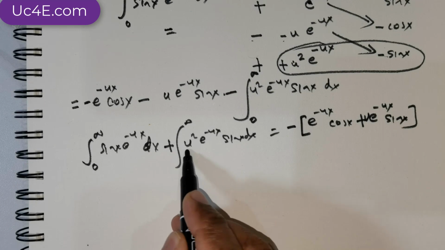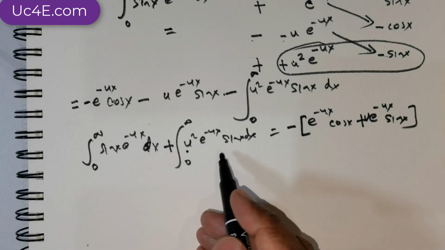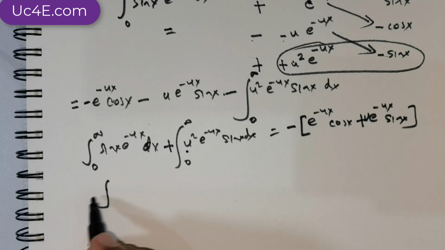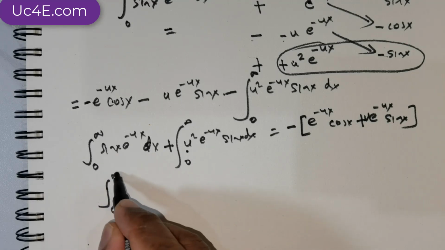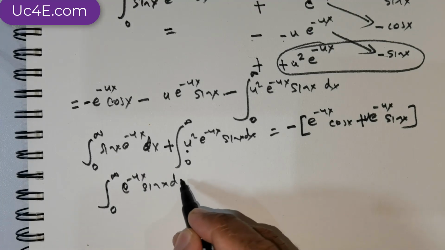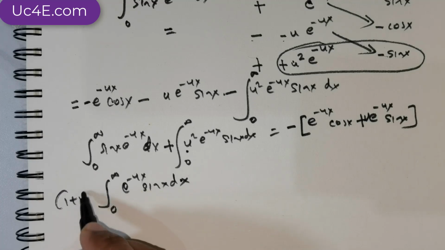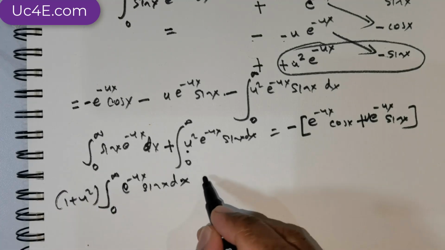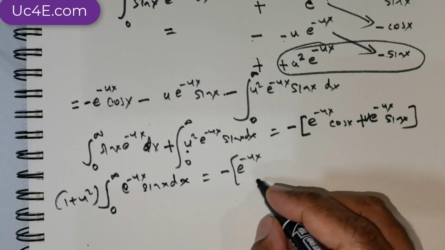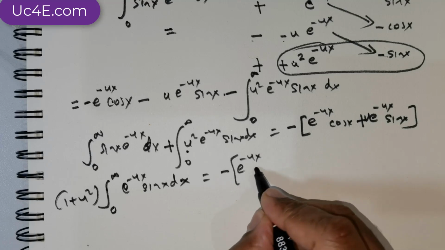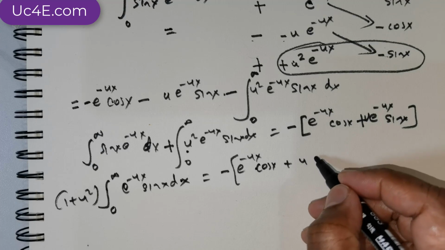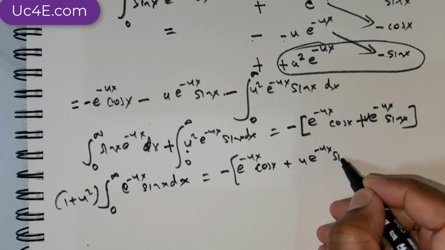Now u squared is actually a constant, so it can come out. If it comes out, this is rewritten as, because if I take 0 to infinity e raised to the power of negative ux sin x times dx, I would have 1 plus u squared over here as a scalar quantity. This is equal to negative e raised to the power of negative ux, right? So probably in the next step I will take that down, times cos x plus u times e raised to the power of negative ux times sin x.